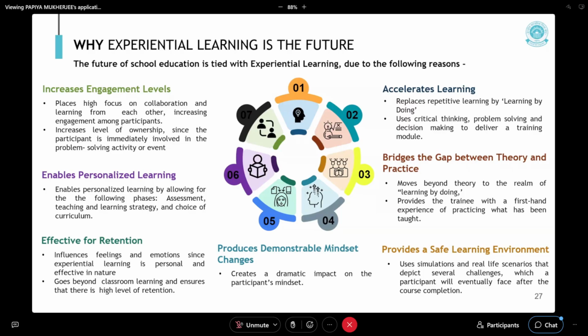They use critical thinking, problem solving, and decision making to deliver, and it enables personalized learning, very, very effective for retention, because when they experience that, the learning goes beyond the classroom and there is a high level of retention. Experiential learning, when practiced correctly, leads to a dramatic impact on the participants' mindset.